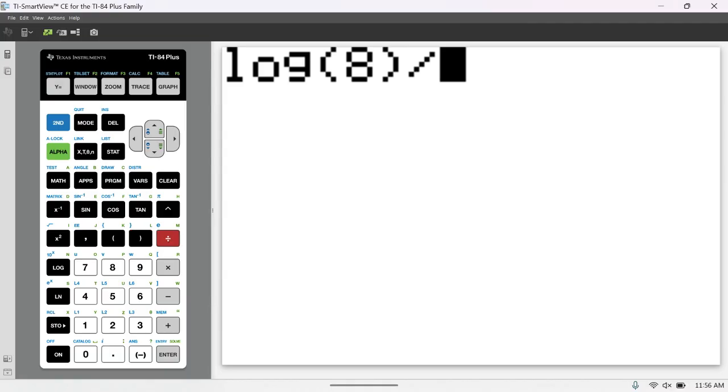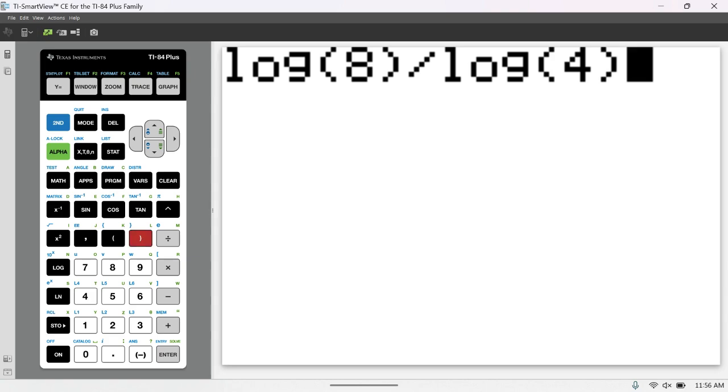And then divide it by the log of 4. So log of 8 divided by log of 4. I know it's kind of messed up because of the way the projector is placing, but try your best. So everyone should be putting that in their calculator right now. You need to practice this. So log of 8 divided by log of 4.